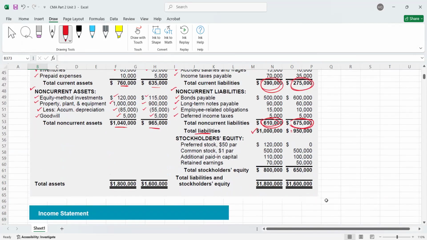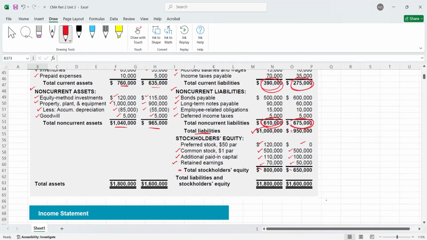Then, guys, we have the stockholders' equity section, where we have preferred stock with par value, nothing in the prior period. Then common stock at $1 par for the current and prior years, additional paid-in capital, and retained earnings, giving total stockholders' equity.